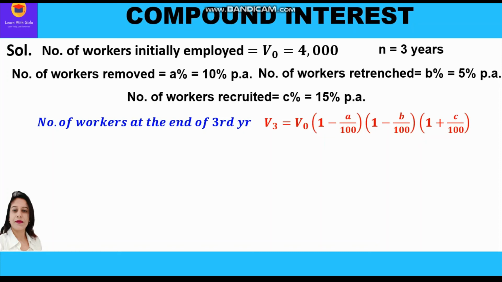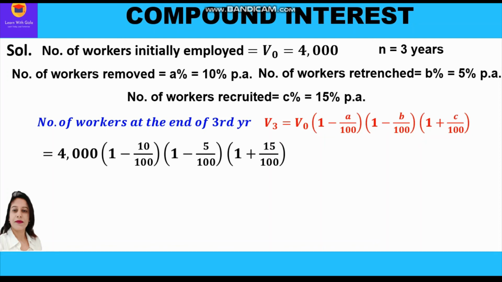Whereas in case of the third year there has been recruitment, so we have used a plus sign because there has been an increase in the number of workers. Now further we shall put the values. Our V0 is the initial workers, that is 4,000, in bracket 1 minus 10 upon 100 into 1 minus 5 upon 100 into 1 plus 15 upon 100.